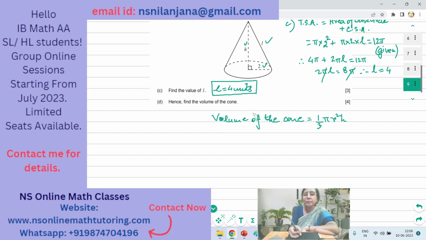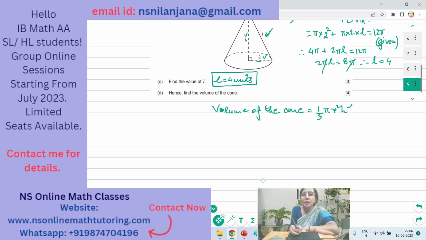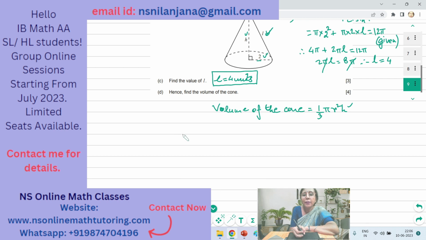H is the height. Now we have to find the height because we know r is 2. We know r, we know L is 4. Therefore, we will be using the Pythagoras theorem to get the value of h first of all. So it is 2 squared plus h squared is equal to L squared.